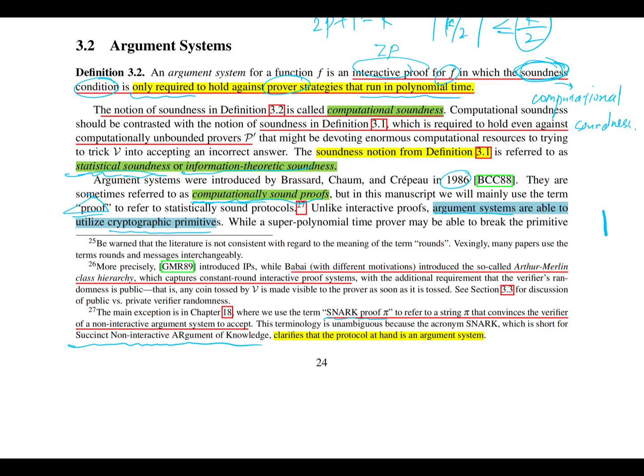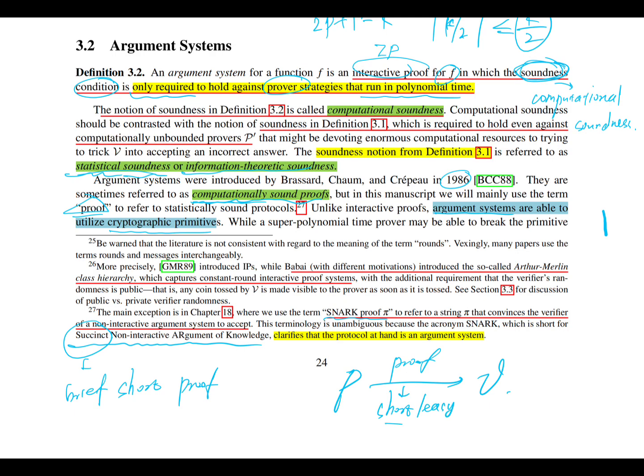It's a very popular word in zero-knowledge proofs. Succinct means a very brief and short proof, because the prover wants to prove something to the verifier and wants the verifier to accept it, so the proof should be short and easy.